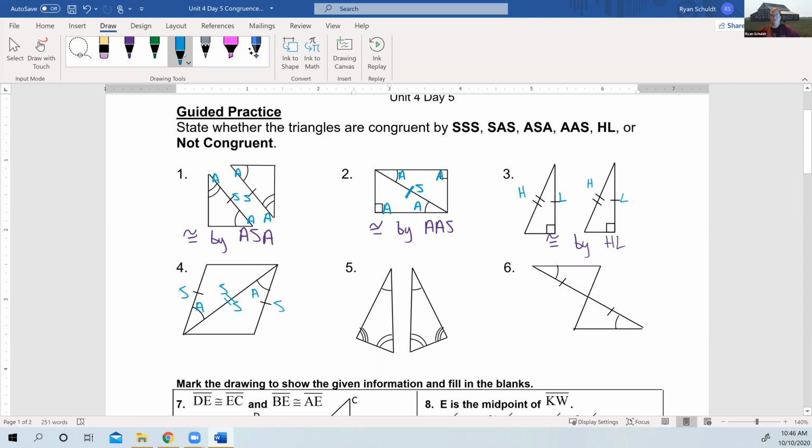It's squeezed in the middle, smack dab in the middle. So we can say that these are congruent by, which one has the angle squeezed in the middle? SAS. Angle, side, angle? No, that wouldn't be SAS. Side, angle, side. So it's congruent by side, angle, side.